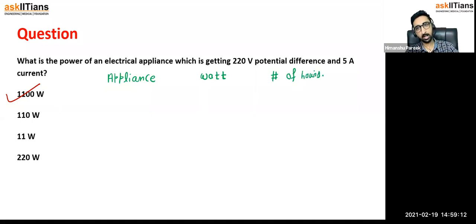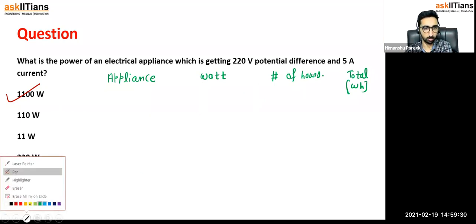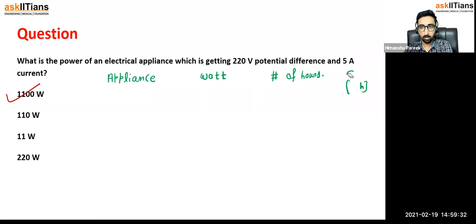Okay, and then later on, total watt hours, meaning how much energy we have consumed, because I'll be multiplying watt and hours. I'll be getting the total watt hours, and then finally we'll have to convert this into kWh also. Or in the end also we can do that, no problem.